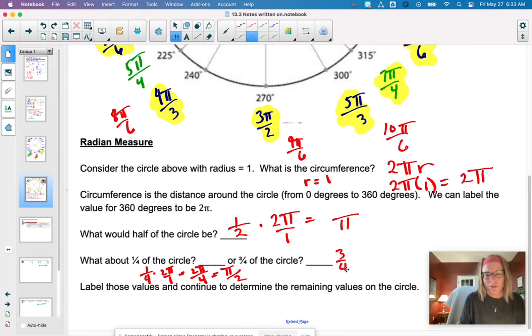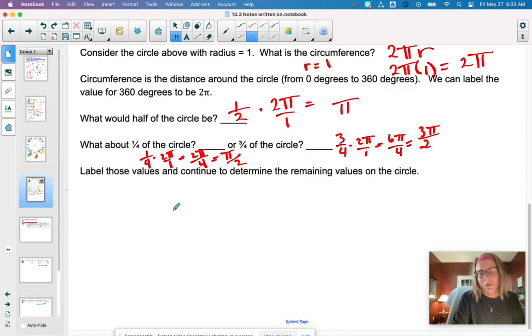And then 3/4 of a circle is 6 pi over 4, which is 3 pi over 2. We're going to label those values and then do the remaining values, which I did ahead of time.